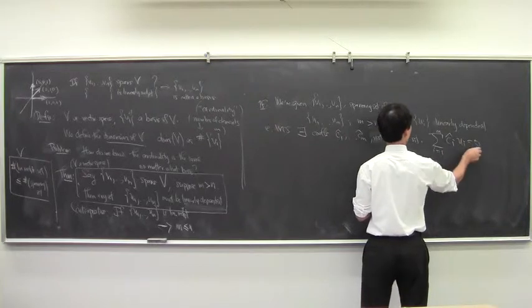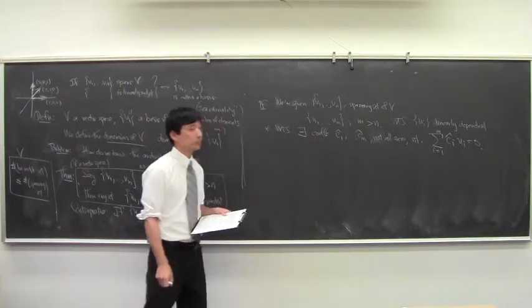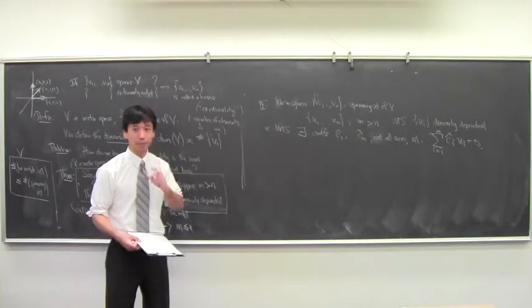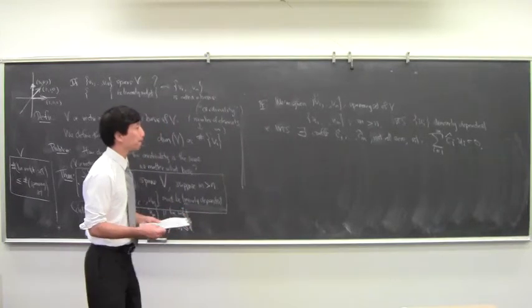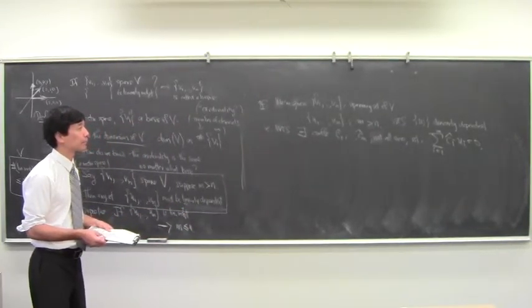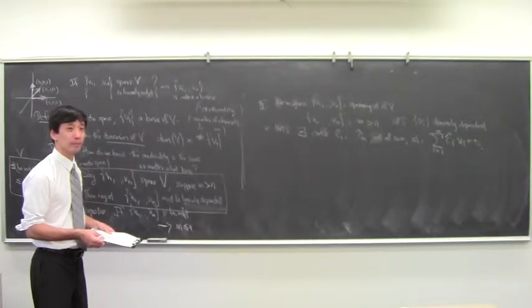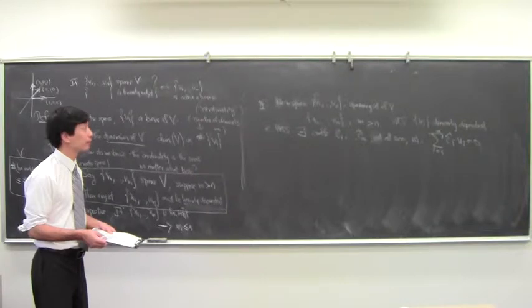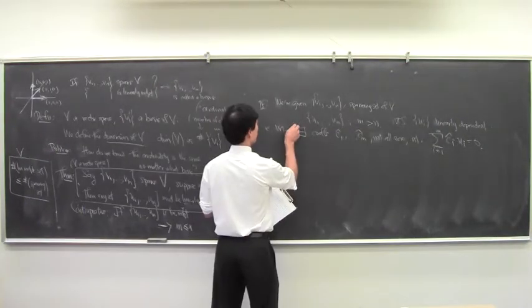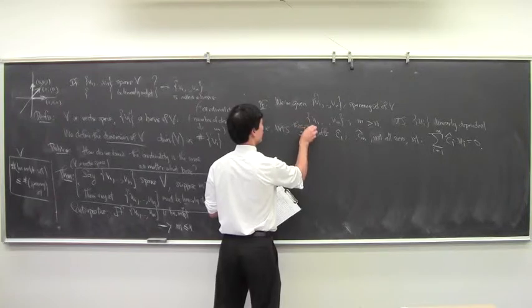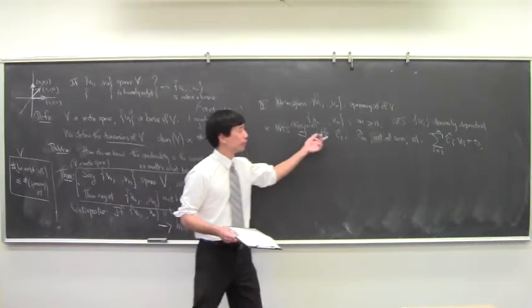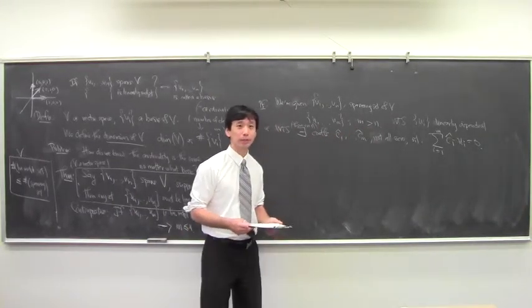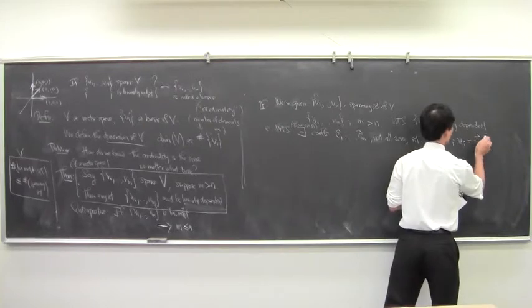All I've done is just write down a translation. What does the backwards E mean? There exist. We want to show that there are non-trivial coefficients, so that we get the zero vector out of this thing.